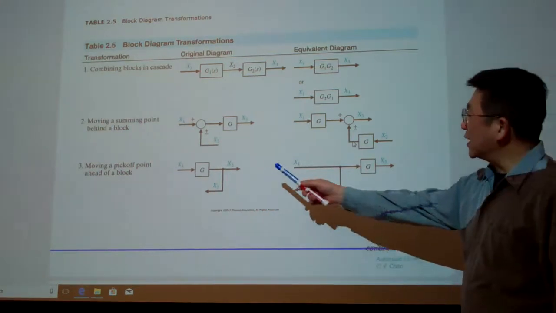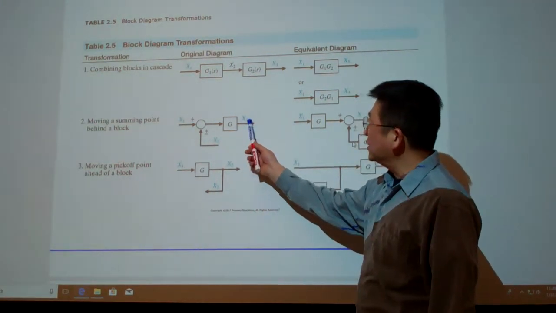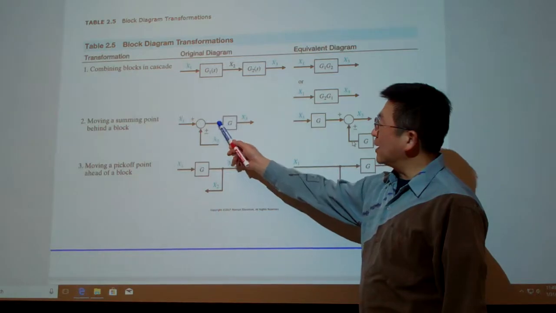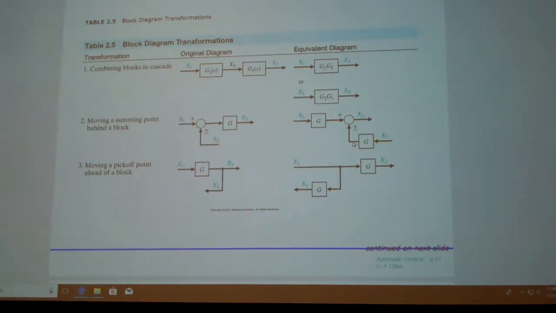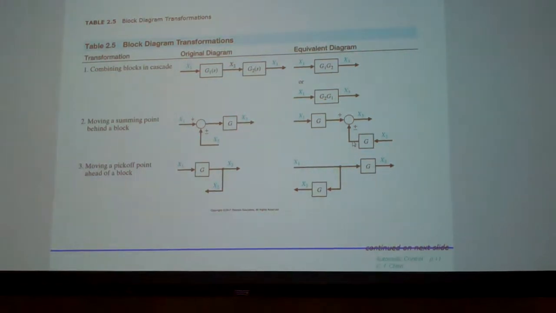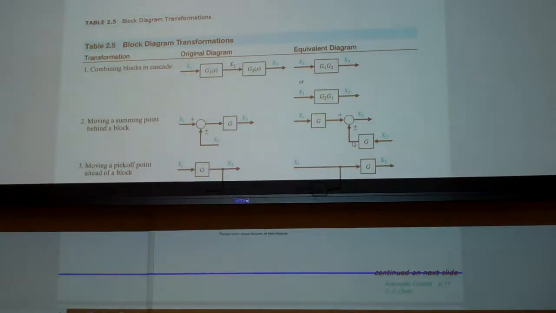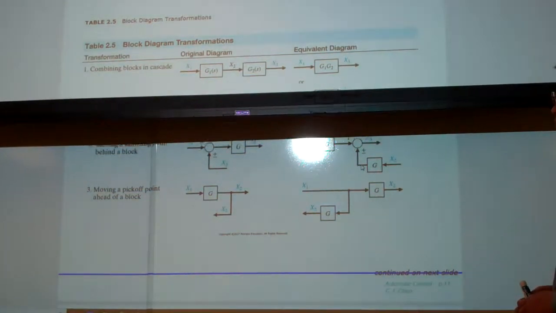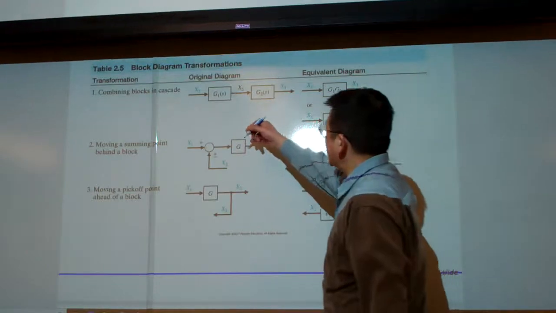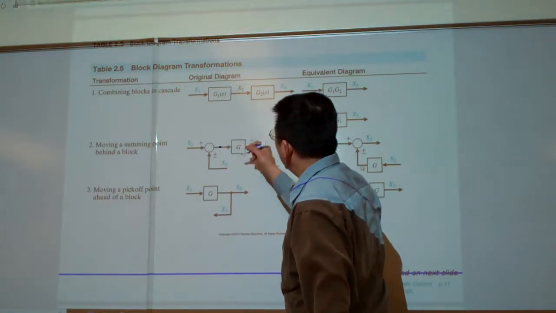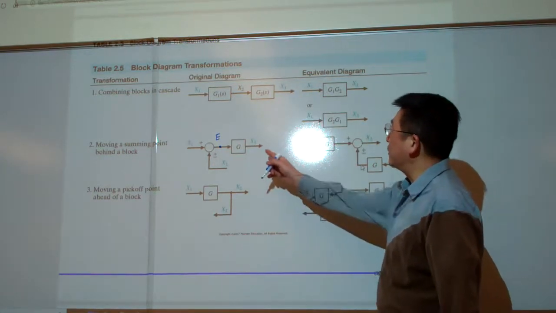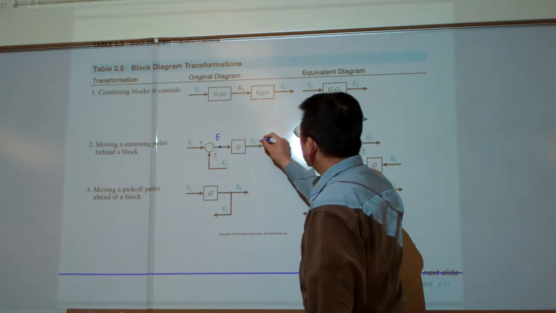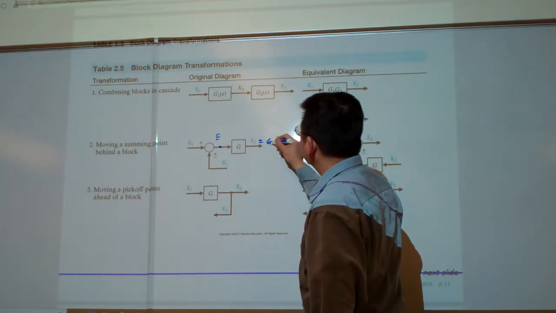Now for this case, we can see x3 equals g times this. Let me take this point, which is equal to the arrows. By reading this information, x3 equals g times e.